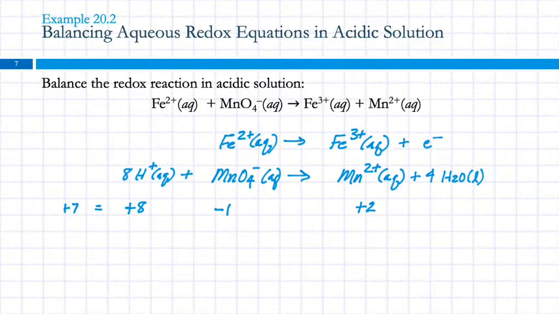I need them to be the same. They're not going to be 0. I just need them to be the same. So how do I make a 7 into a 2? I need 5 negative charges, right? 5 electrons. So now I have a -5 and a +8 and a -1, and those add up to +2. Same as this side.